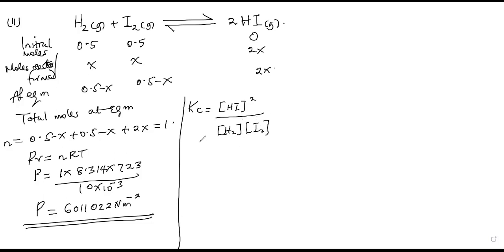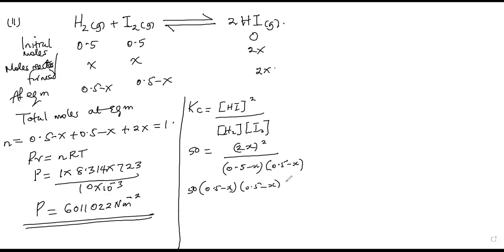So if we substitute, 50 is equal to the concentration of hydrogen iodide, 2x squared, at equilibrium over 0.5 minus x times 0.5 minus x. So when you work on this, it will be 50 times (0.5 minus x)(0.5 minus x) is equal to 4x squared.